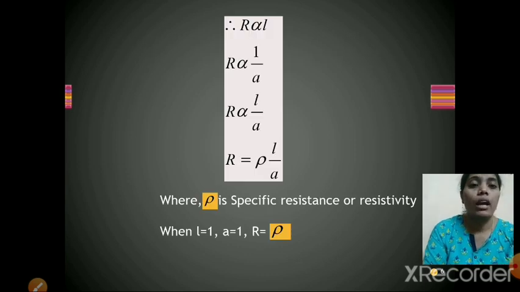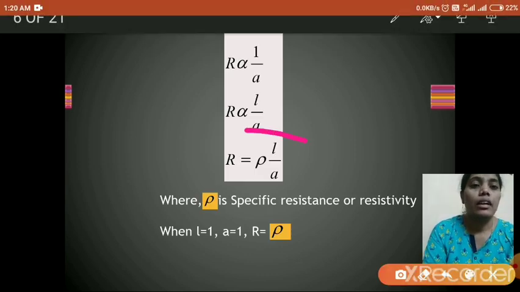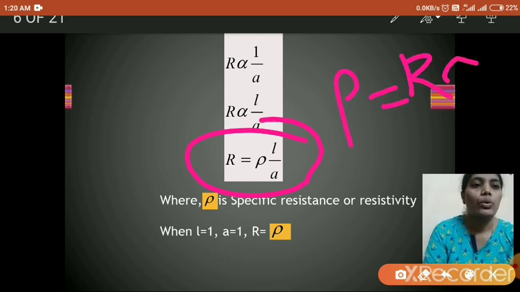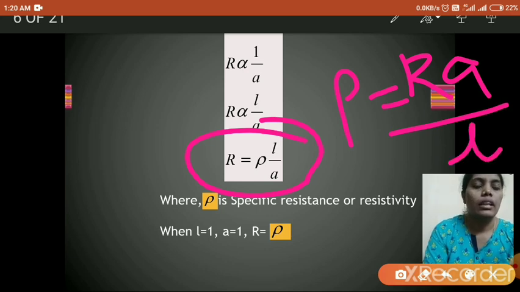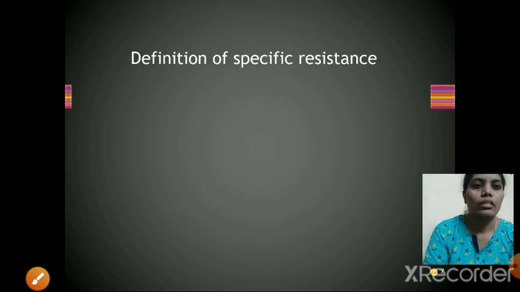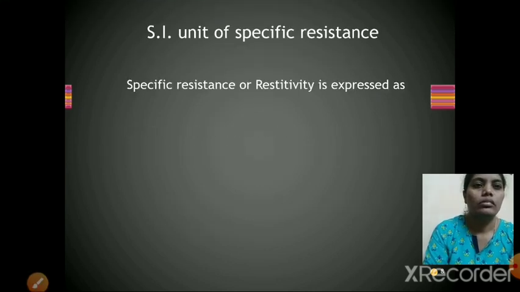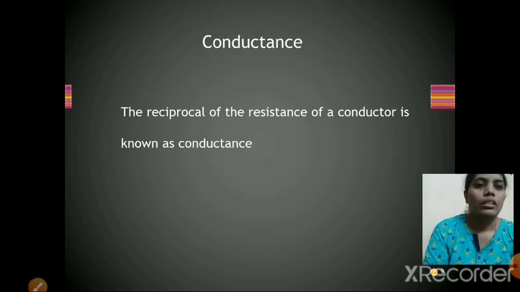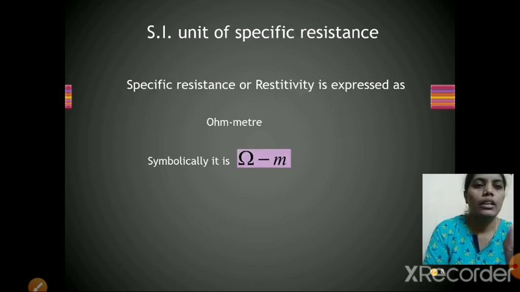Using this formula, rho is equal to R into A by L. This is a very important expression, and its unit is ohm meter.